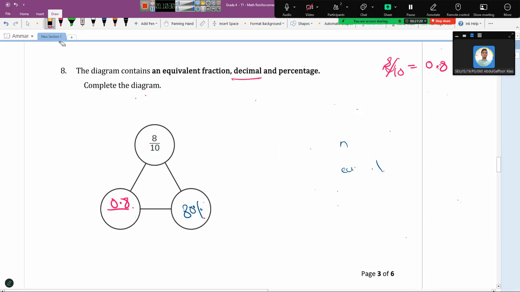Is that clear to you now? Okay. Can you tell me how you have to do this one? How did you get the answer? Can you just explain to me?